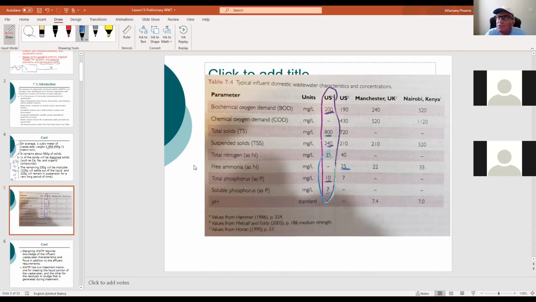Okay, it's a good idea to remove them. These are nutrients for plants and algae, right? If you leave them in high concentrations and you discharge your wastewater with high nitrogen and phosphorus compounds to the natural water bodies, you encourage the growth of algae, right?